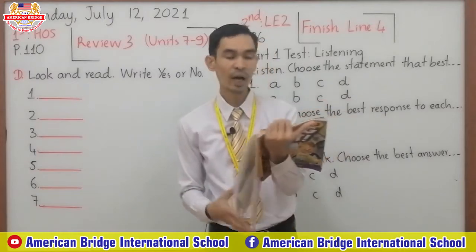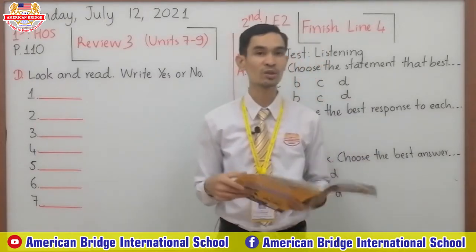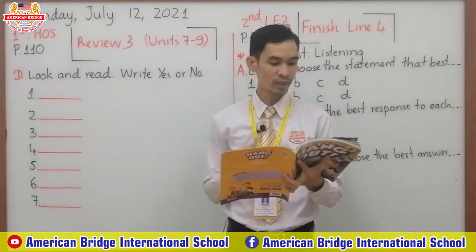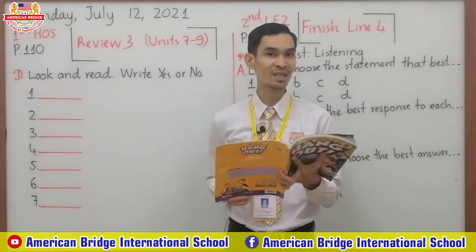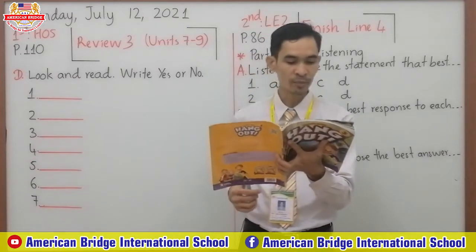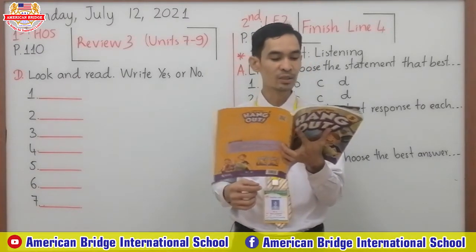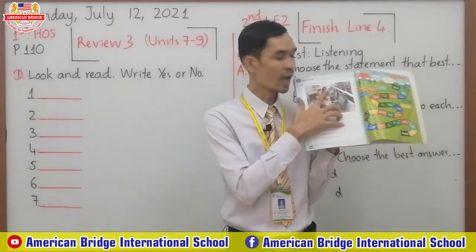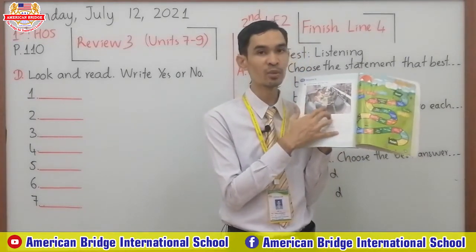Okay, so now after looking at the picture or trying to understand the picture, now read the 7 sentences with me all together. Okay, now read. 1. The students are using a mouse. Okay, so do they have a mouse? Look at the picture.